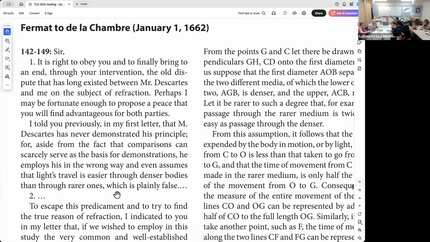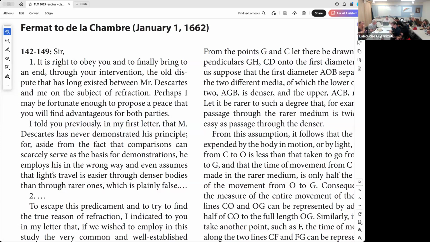I told you previously in my first letter that Mr. Descartes has never demonstrated his principle, for aside from the fact that comparisons can scarcely serve as the basis for demonstrations, he employs his in the wrong way and even assumes that light's travel is easier through denser bodies than through rarer ones, which is plainly false.